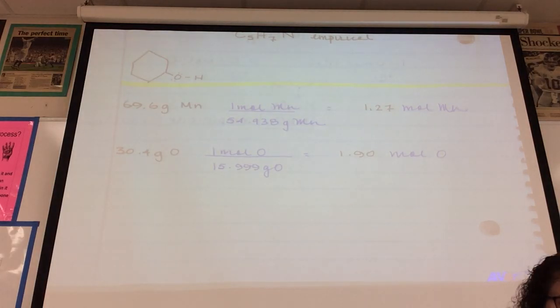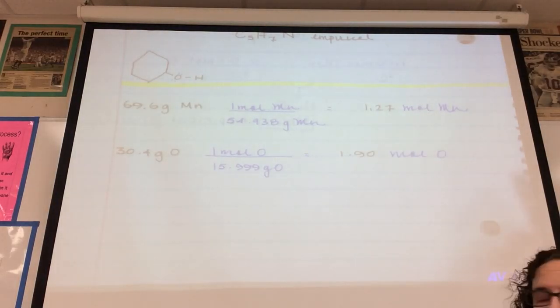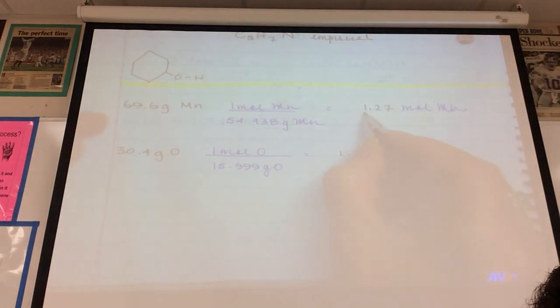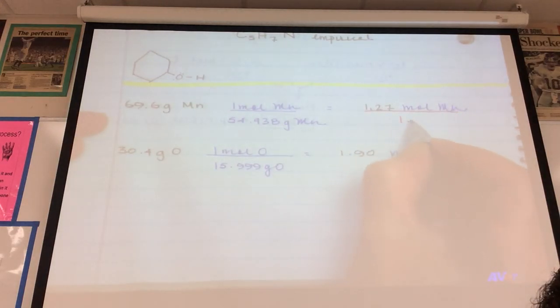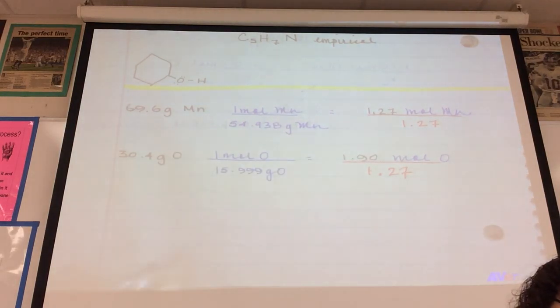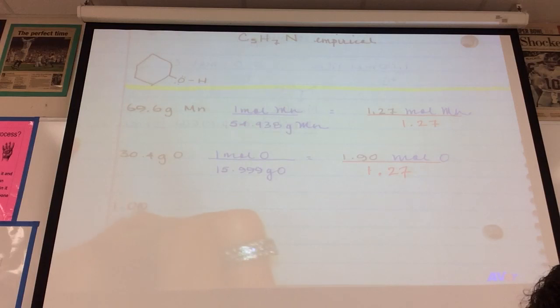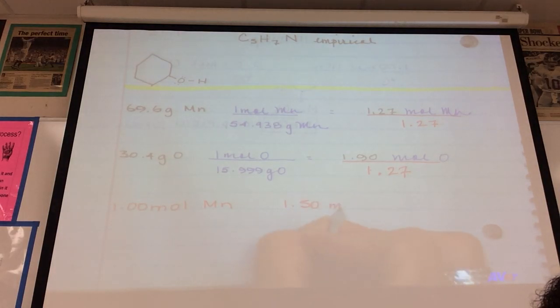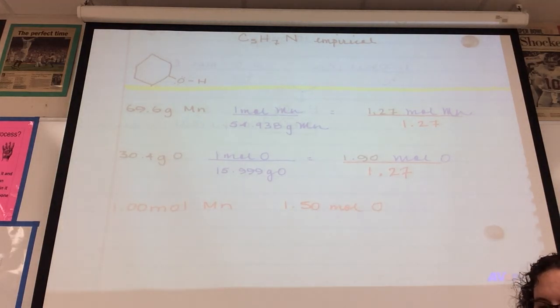Once I get moles, what's my next step? Divide by the smallest number. And that's going to give you 1 mole of manganese and 1.50 moles of oxygen.